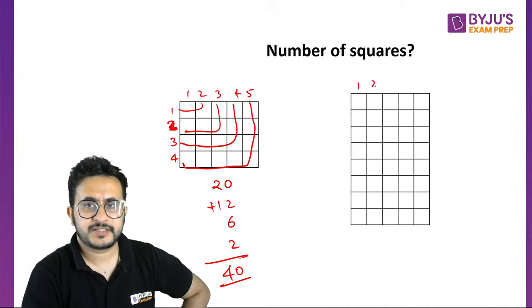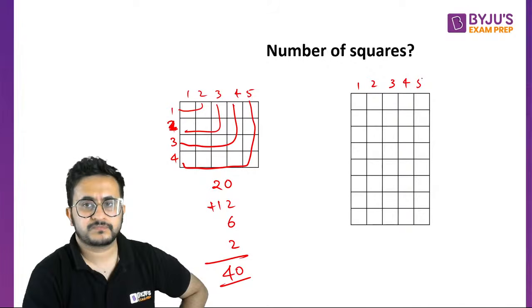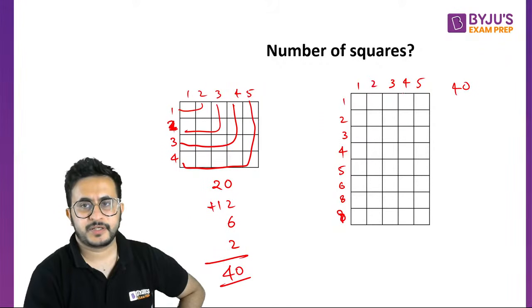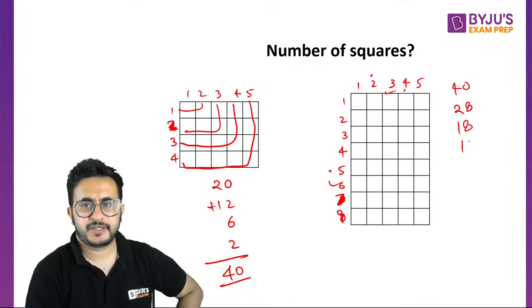Suppose we have to find in this case. So it is 5 into 8, that is 40. Right? 4 into 7, that is 28. Then it will be 3 into 6, 18. 2 into 5, 10.